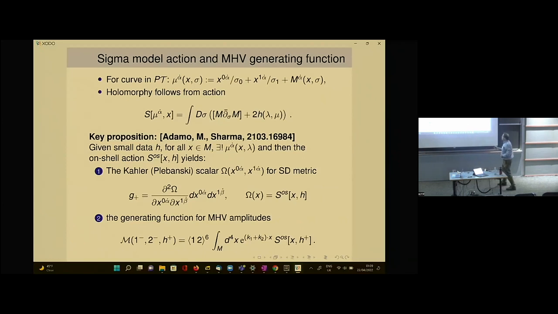So the Plebanski scalar then is the onshell action for the holomorphic curves in twistor space. And then if you can evaluate this onshell action, then this is what the metric is, the self-dual metric. So this gives us then this formula for the generating function for MHV amplitudes.